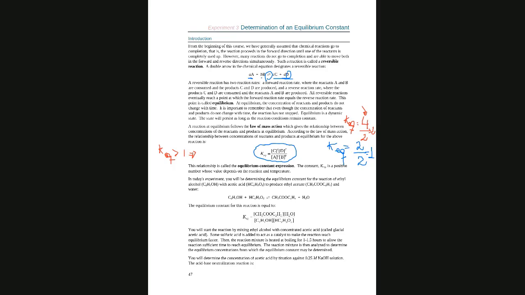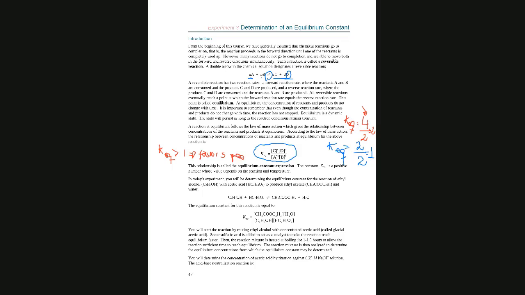The numerator is bigger than the denominator. The 4 is bigger than 2. That means the numerator represents the products. So if we have an equilibrium constant higher than 1, there are more products than reactants, and the equilibrium favors the products.